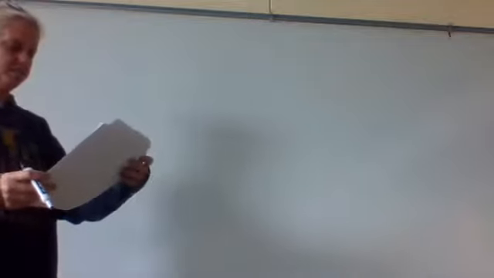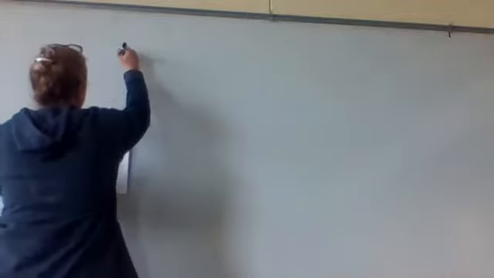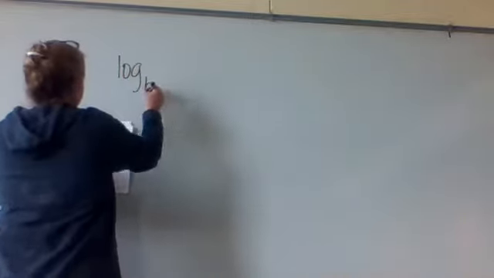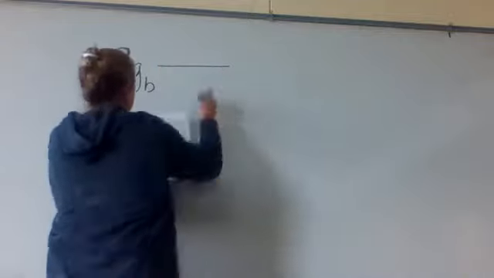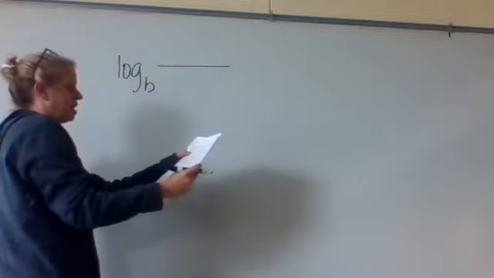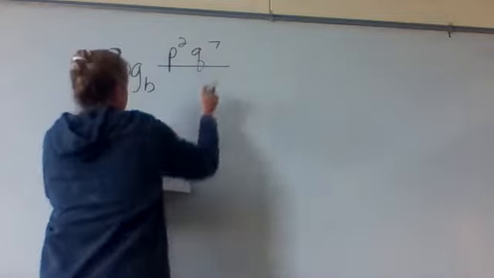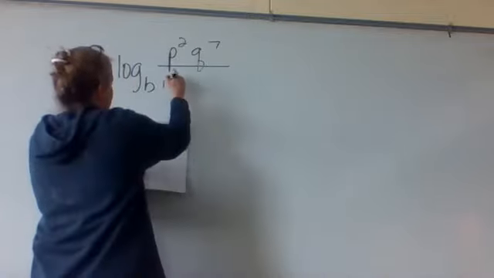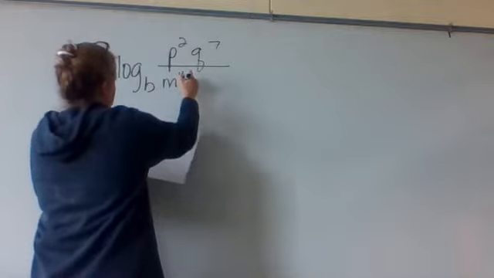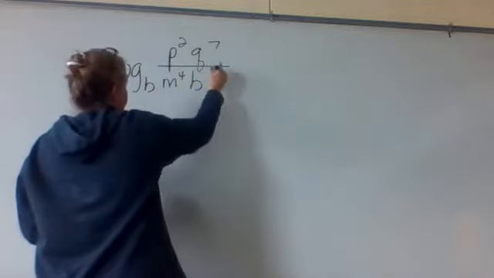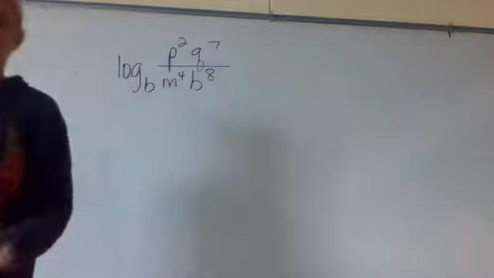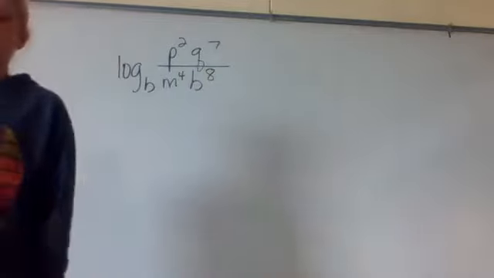Number 19, express in terms of sums and differences again, but luckily this one's multiple choice, so you won't have to type it all in. Log base b, and then we have a fraction here. At top we have p squared, q to the 7th. And in the denominator we have m to the 4th, b to the 8th. So we're going to express this as sums and differences.